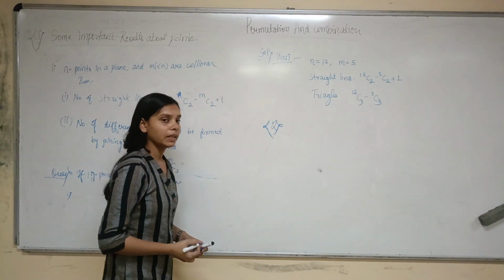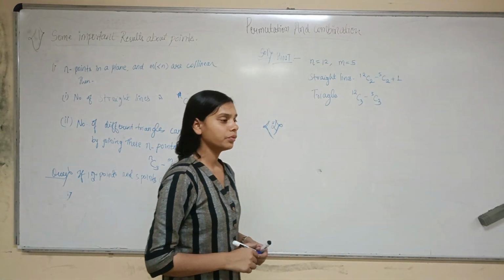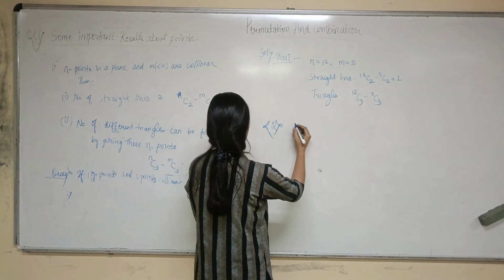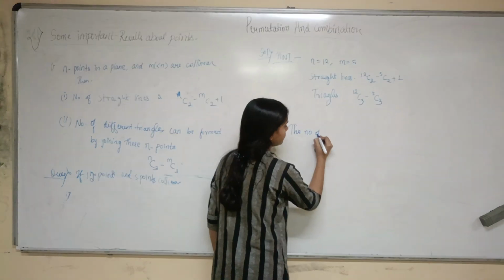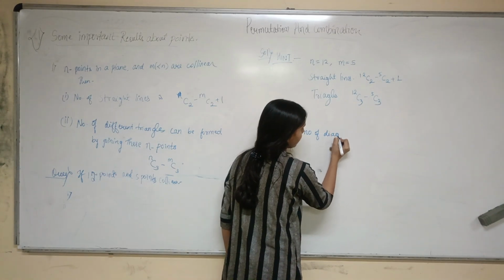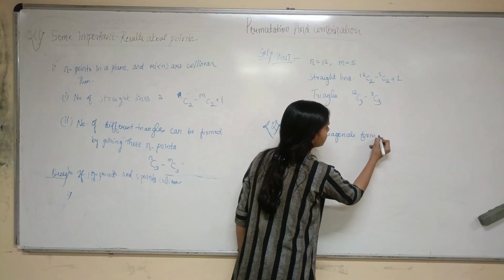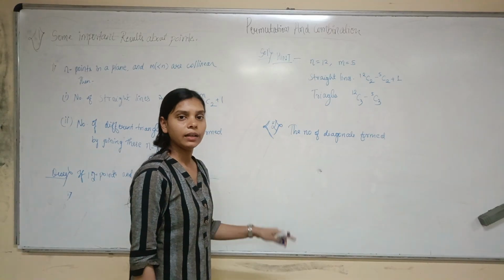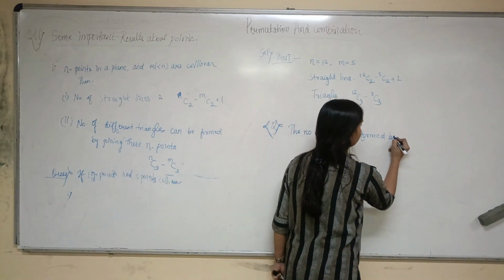Write down the number of diagonals formed by an n-sided polygon.